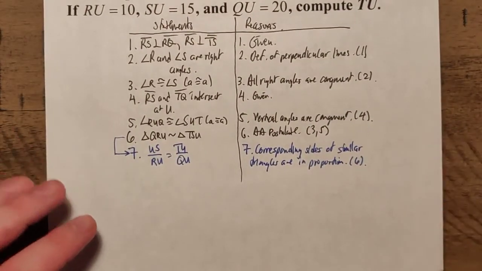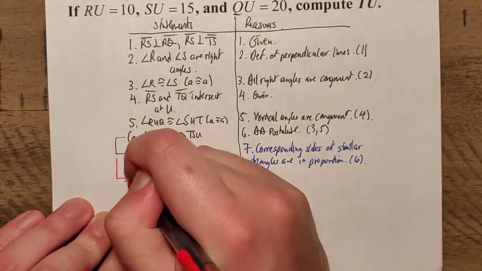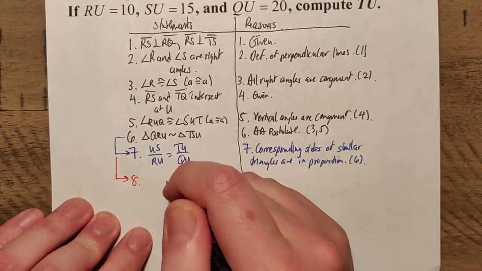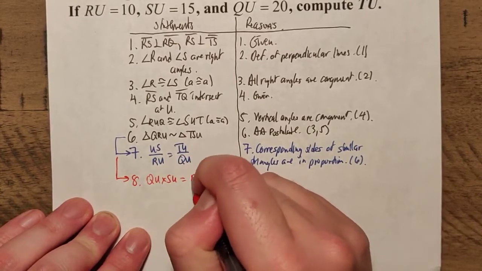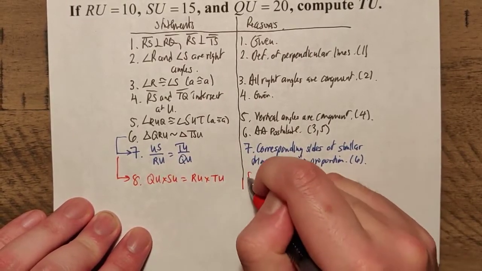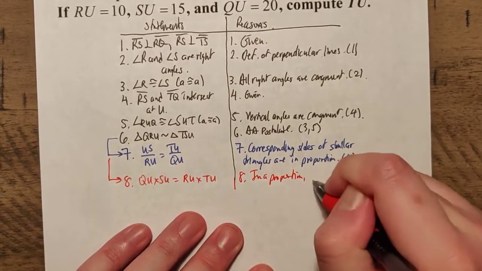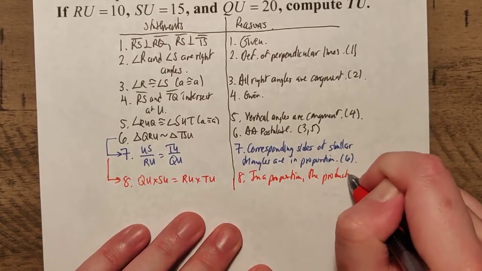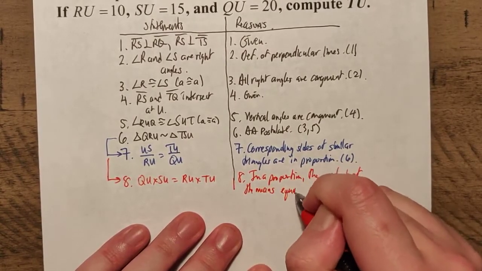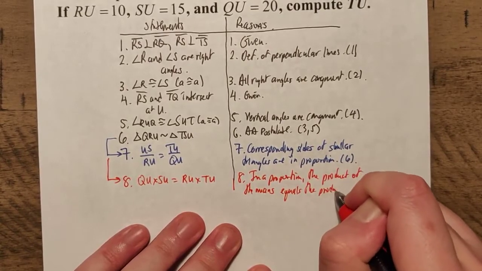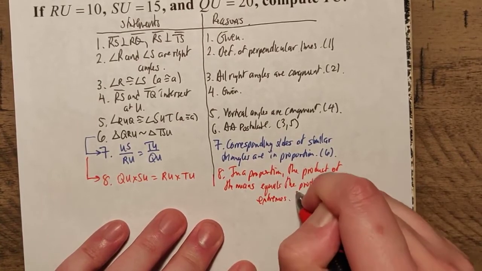We can continue to step 8, where we can write that QU times SU equals RU times TU. And we can say that in a proportion, the product of the means equals the product of the extremes. And that's from step 7 here.